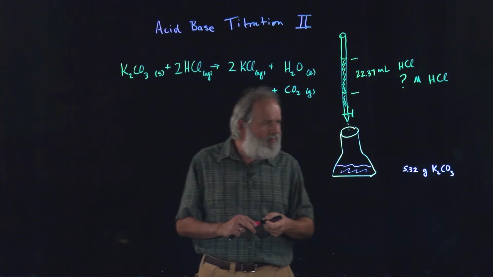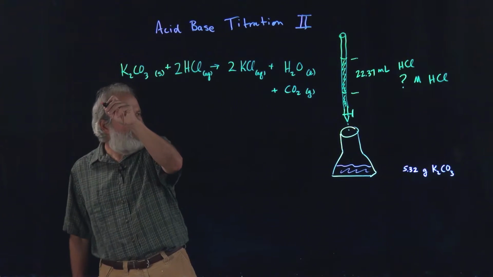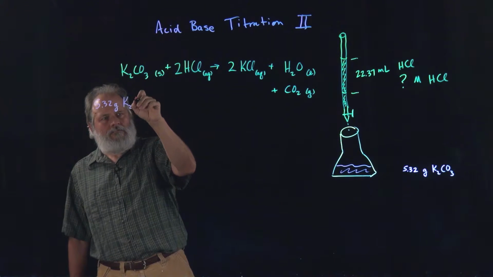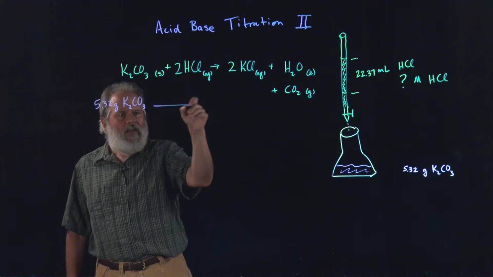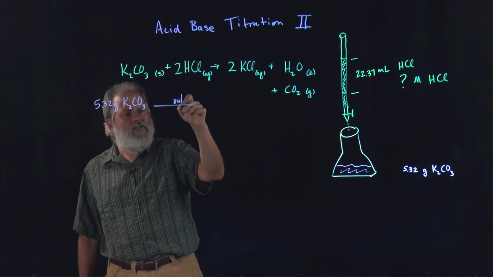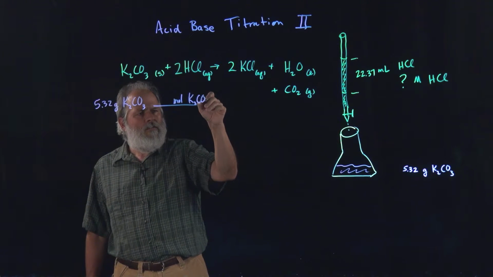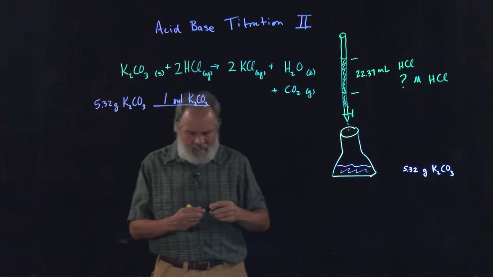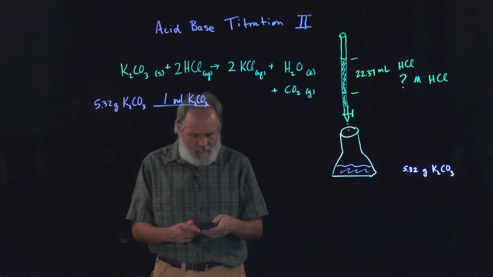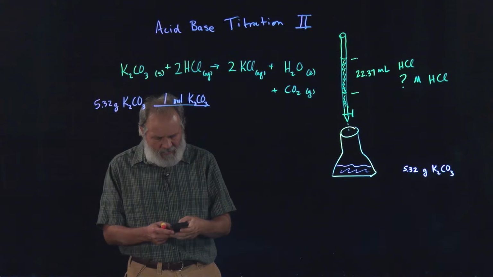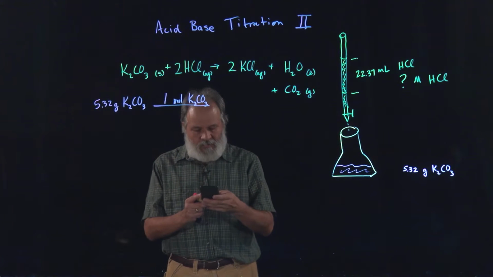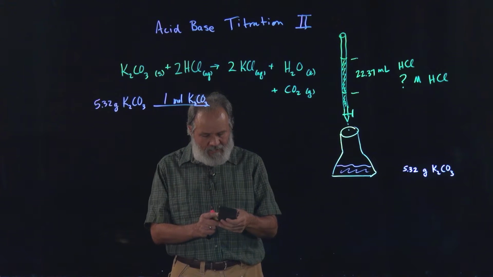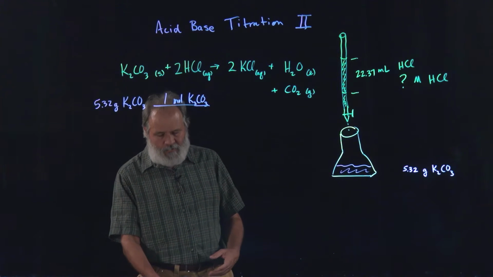What we can do is take the grams of potassium carbonate and convert it to moles of potassium carbonate. All right, so for that we need the molar mass. Okay, 39.1 times 2 plus 12 plus 48, 3 times 16, 138.21.